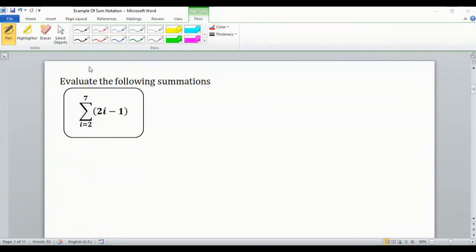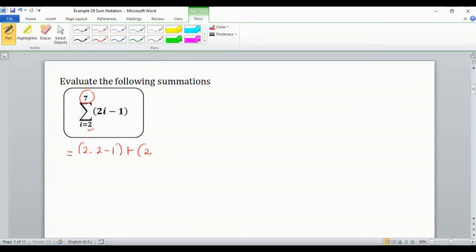Okay, so evaluate the following summation, sigma notation i equals 2 until 7 with the general term 2i minus 1. We have 2i minus 1 and the starting index is 2, so you change the i to be 2, until i is 7, everyone.